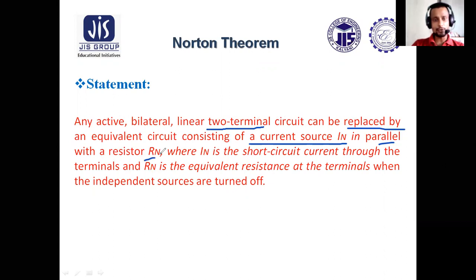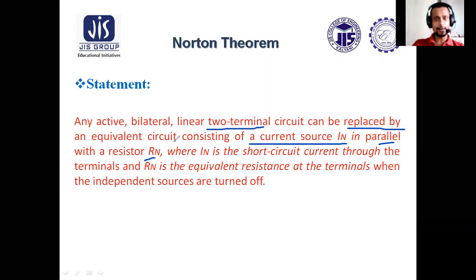In case of Thevenin's theorem, any active bilateral linear two-terminal circuit was replaced by an equivalent circuit which was termed as Thevenin's circuit. Now in case of Norton's theorem, any active bilateral linear two-terminal circuit can be replaced by an equivalent circuit which is termed as Norton's equivalent circuit.